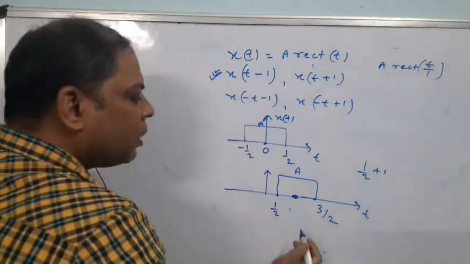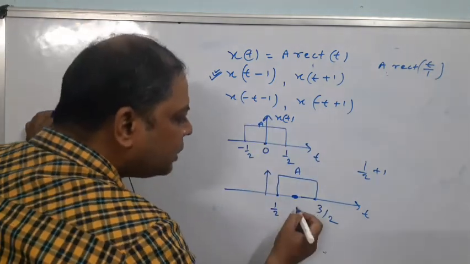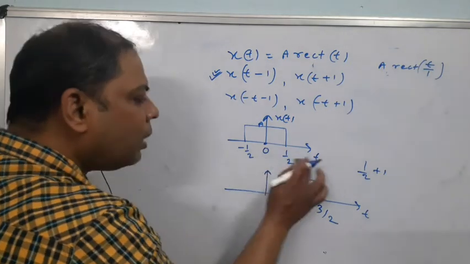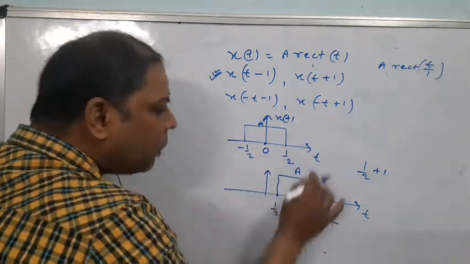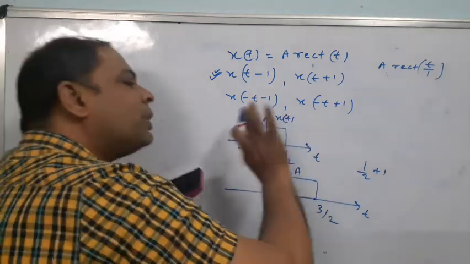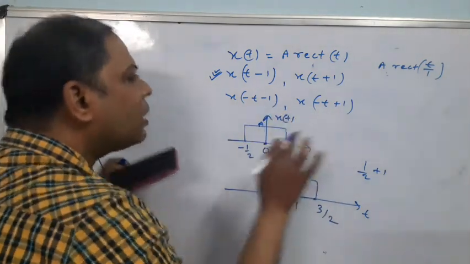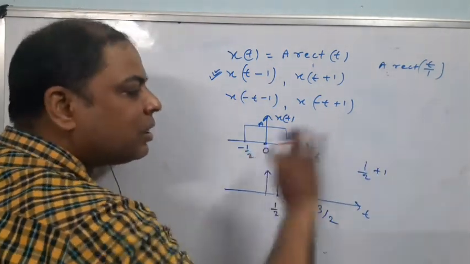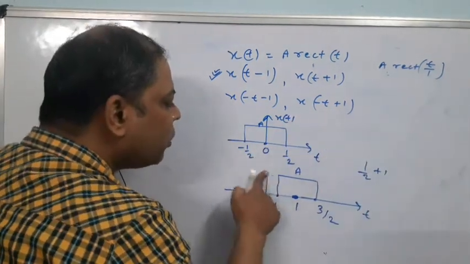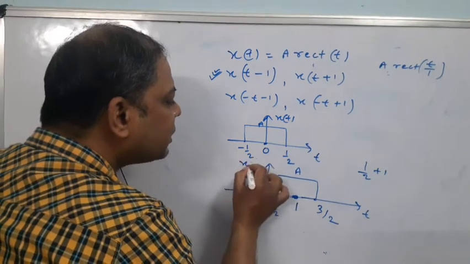Amplitude is the same. Now here this is 1 by 2, this is your 1 because 0 plus 1 is 1, 1 by 2 plus 1 is 3 by 2, minus 1 by 2 plus 1 is 1 by 2. So this will be the figure. See, this figure is shifted towards right by an amount of 1 unit. Every point starts 1 unit later because of shifting towards right. So this is your signal x of t minus 1.